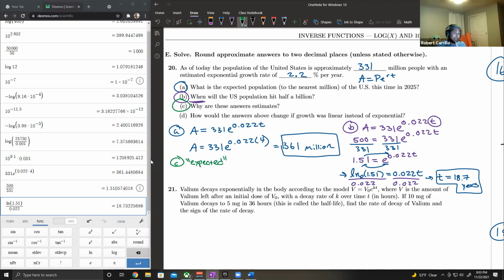True. And another thing we're not taking into consideration is that this is a growth model. We're not calculating all the people who are going to what? Die. Yes, die. So this is a growth model. This is why it's just an estimate. We're not counting all the people who will not be here in those 18 years.